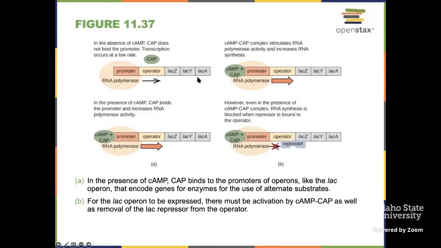We're doing it, but not like we could be. But if we've got cyclic AMP, then CAP binds, and then we truly enhance this activity. And you see a big bolder arrow. That's when we really start making multiple messages very rapidly, because we're like, we've got to use some lactose. That's the idea with this.